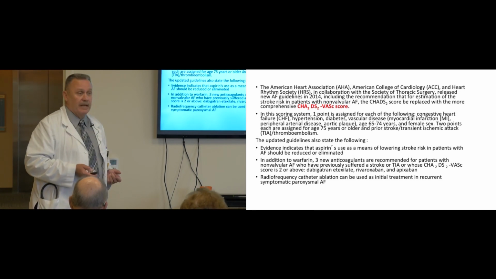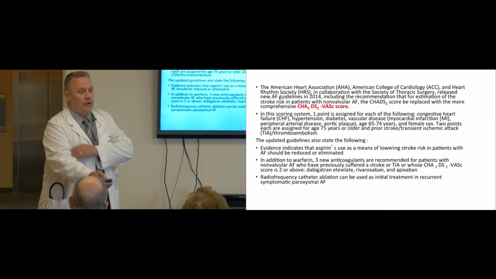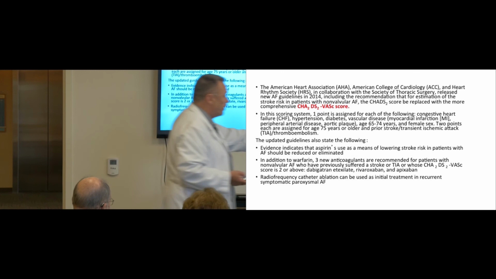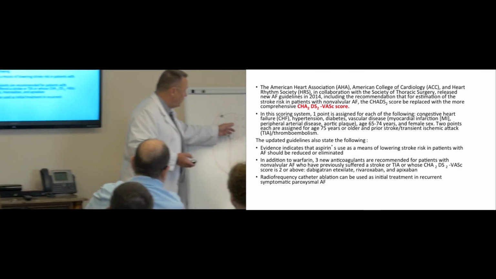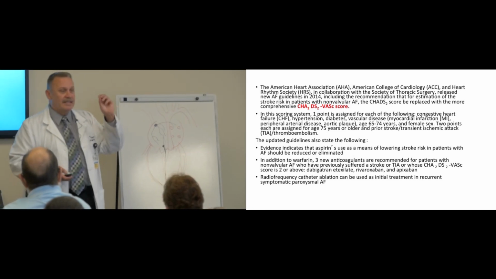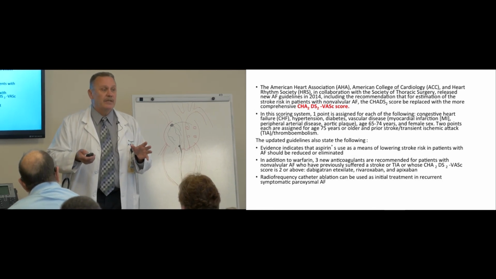RF catheter ablation, or radiofrequency catheter ablation, they actually have a pacemaker wire that goes up through your arm or up through your leg, up to the area of the heart, going back out to these pulmonary veins. They go up into your right atrium, over into your left atrium. They find these 4 different veins and zap them. It's not as strong as a microwave. It's a radio frequency wave.